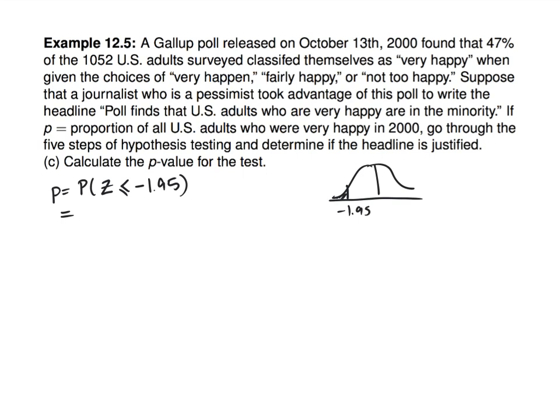And this will be pretty small. So this is table 8.1. Everything for proportions is in that table. 1.95, 0.0256 is what this p-value is.